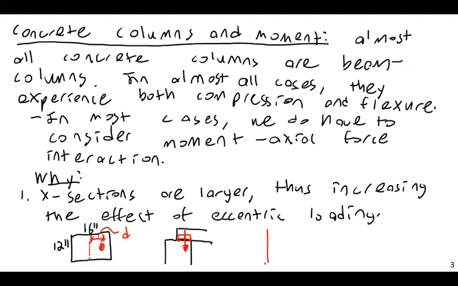So your column will be experiencing a force F, but it will also be experiencing a moment FD. This is the effect of offset loading, this is eccentric loading. That's not to say that you could not just build this beam all the way over the column, but the larger the cross section, the more vulnerable it is to eccentric loading, simply because any offset will be magnified by the much larger moment arms present in the dimensions of the member.